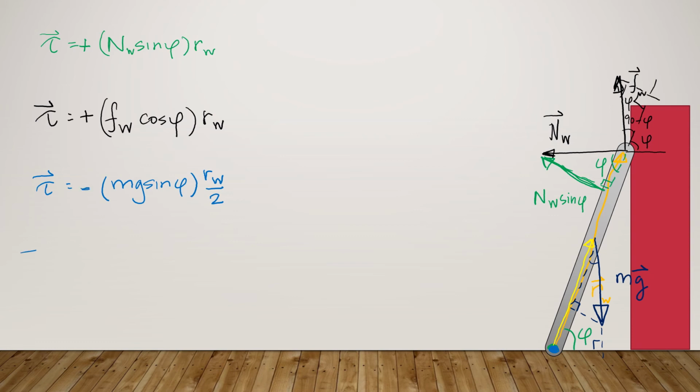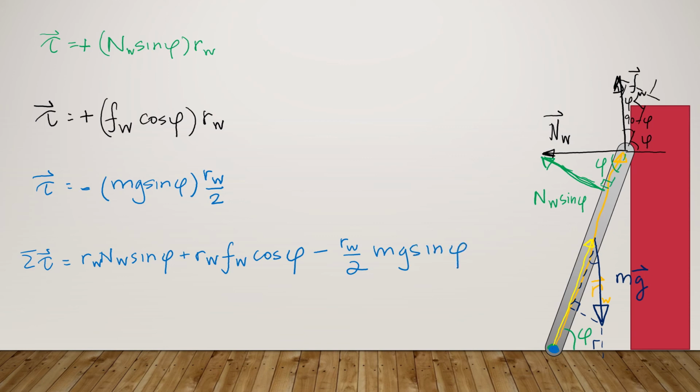And so if I want the net torque, then I just sum all of these. And since this is not rotating, that whole sum equals 0.